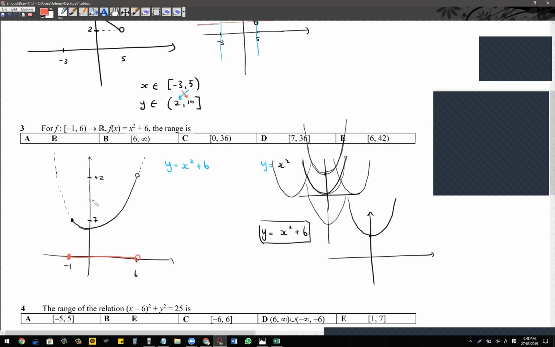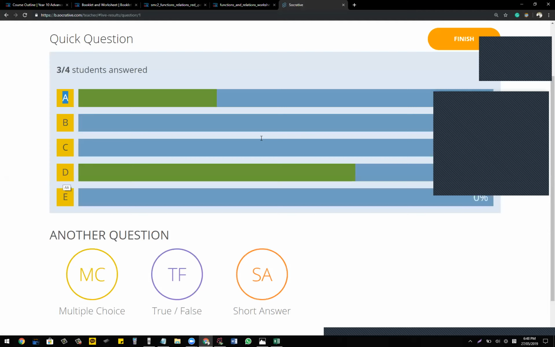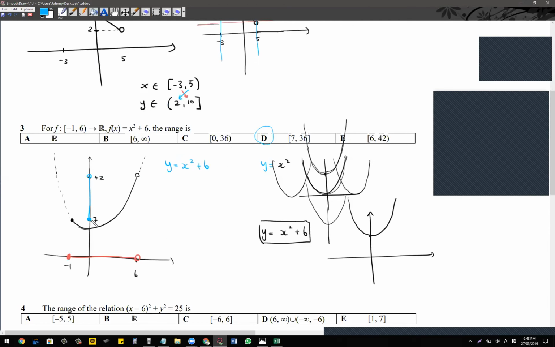But your range is not there to there, right? So that would give you 7 to 42, which is D. So a lot of you went for D, but it actually doesn't start from there, it starts from there. So this value is 6, isn't it? So the answer is 6 to 42, which is E.